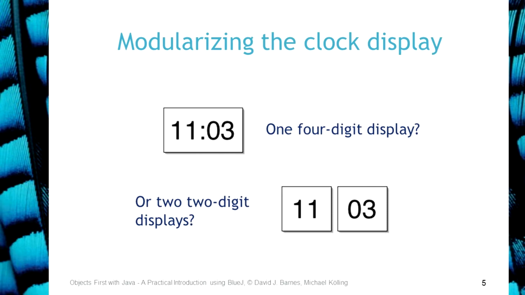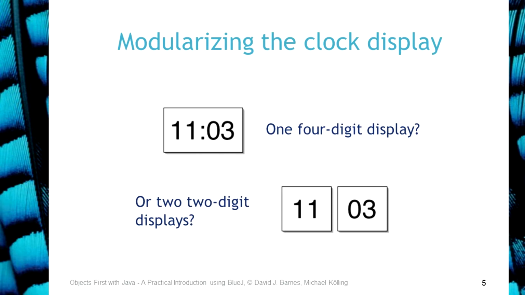Using the abstraction concepts we have just described, we want to try and find the best way to view this example so that we can write some classes to implement it. One way to look at it is to consider it as consisting of a single display of 4 digits, 2 digits for the hours and 2 digits for the minutes.